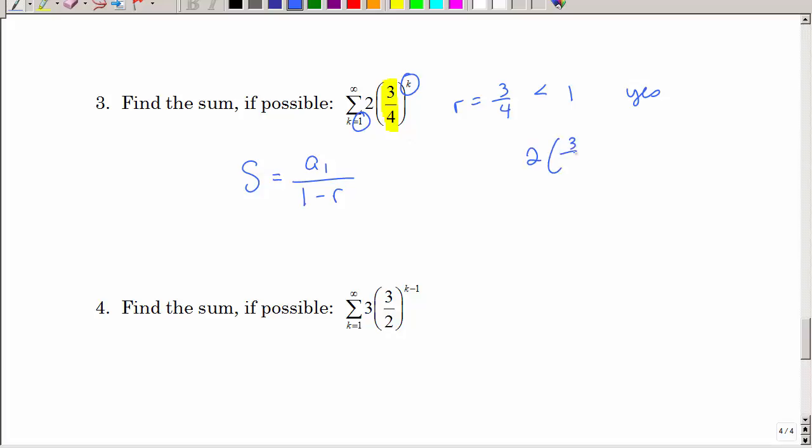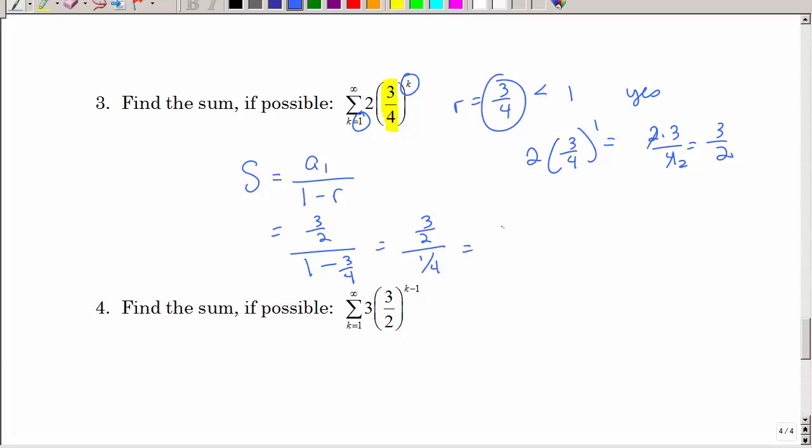So 2 times 3/4 to the first power, 2 times 3/4, that's 3/2. So we have 3/2 over 1 minus r. So the sum is 6.